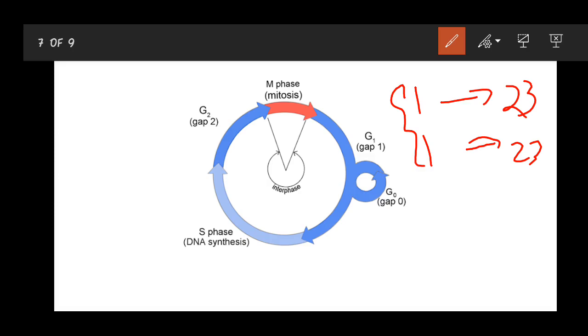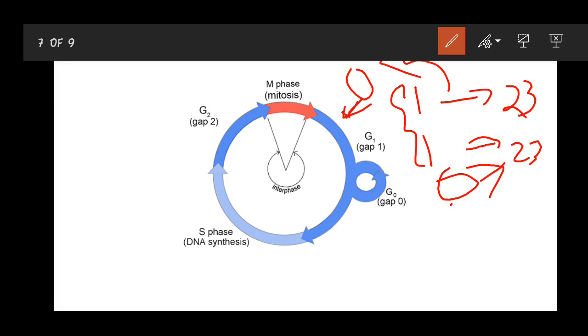Of this, one set you get from the mother, and the other set you get from the father. So you will have two first chromosomes, two second chromosomes, two third chromosomes, and such pairs of the same chromosome. They are the same chromosome, but they are not identical, because one you got from the father and the other you got from the mother.